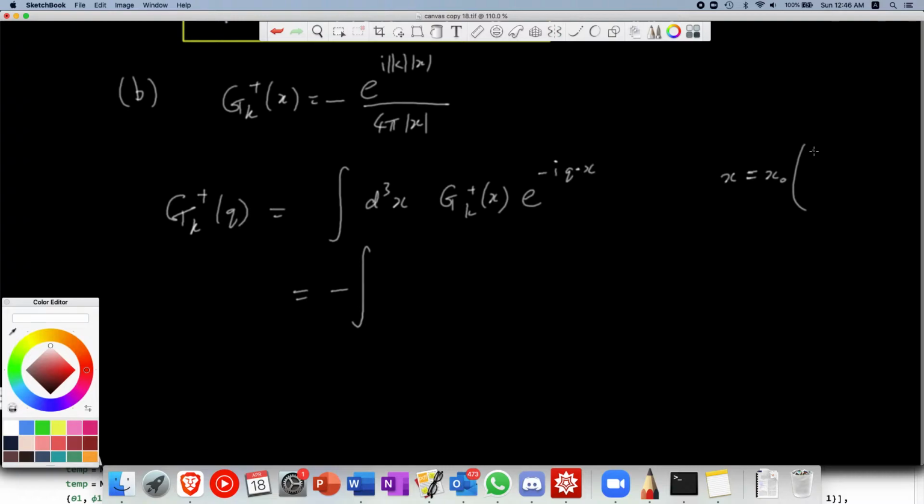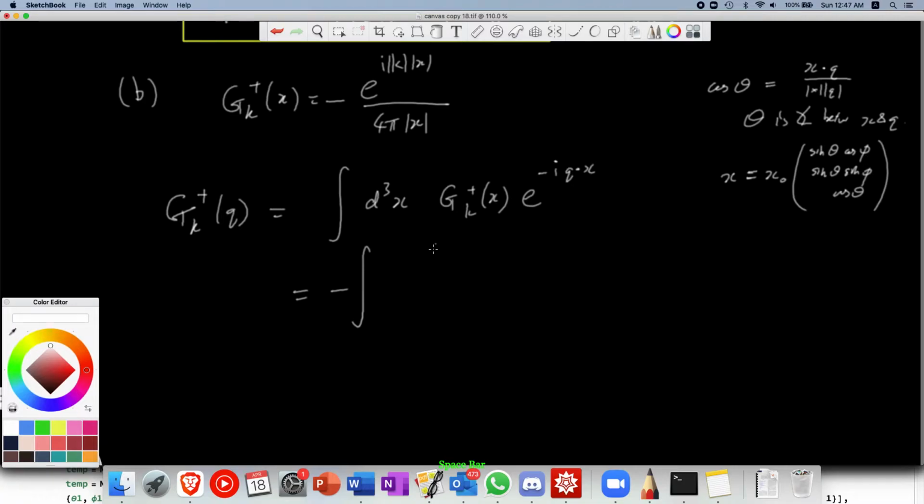So we have sine theta cosine phi, sine theta sine phi, and cosine theta, where theta is the angle between x and q, such that cosine theta equals x dot q over magnitude of x, magnitude of q.